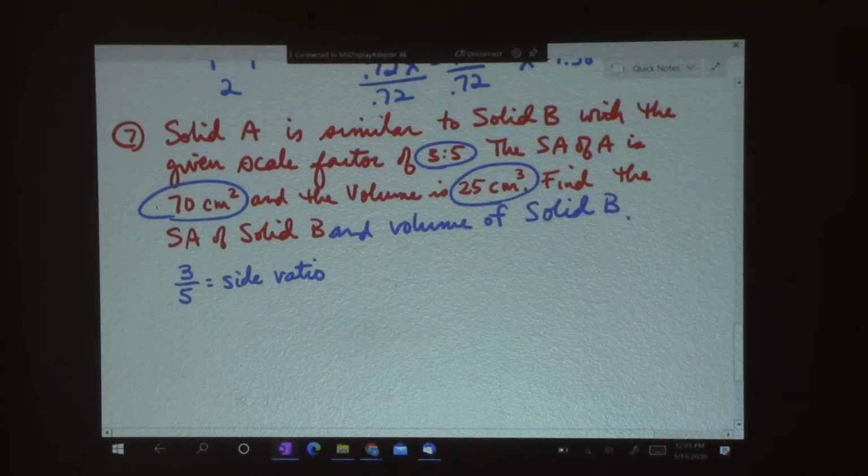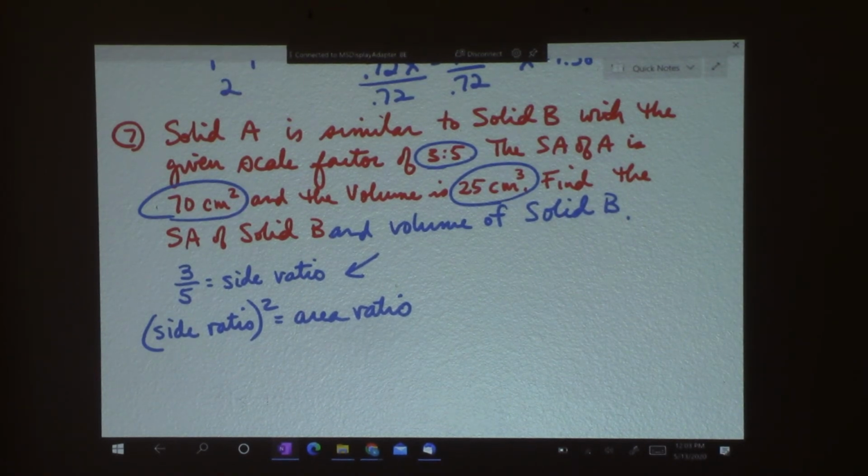Remember that? Now, to find the surface area, what do I do to my side ratio? Well, I square it. So I take my side ratio and I square that to get the area ratio, which makes sense because the side ratio is 1 dimension and the area ratio is 2 dimensions.